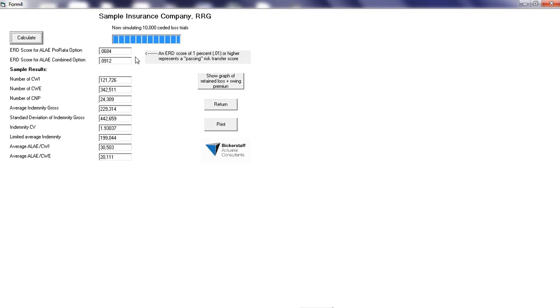This particular set of terms that we started out with in our first video turns out to have a score well above the passing 1% mark. And using ALAE on a pro rata option, it's like 6.8%. And at an ALAE combined option, it's about 9%.